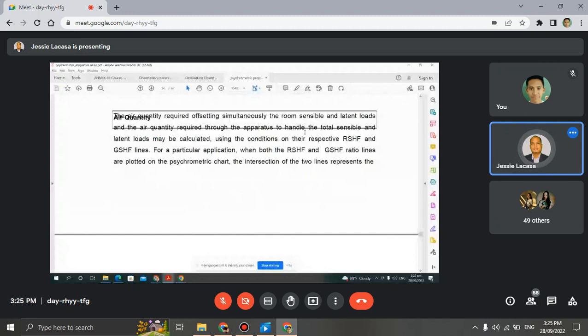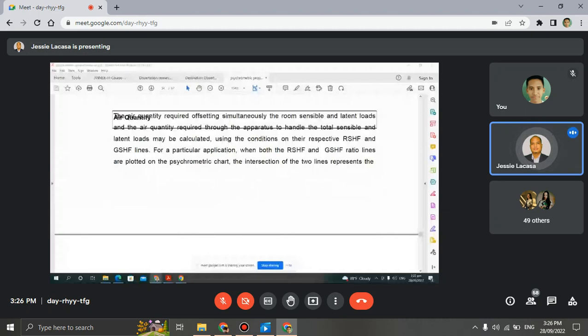So that you know how many CFM the room requires, because although the temperature and the RH of the supply air are within range, a lesser amount would not be enough to carry the heat from the room condition.